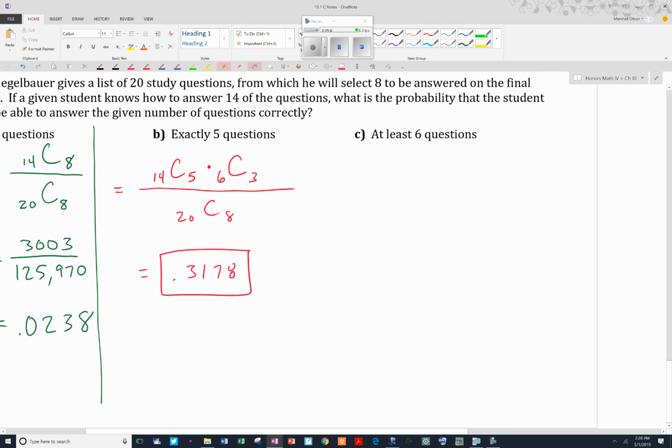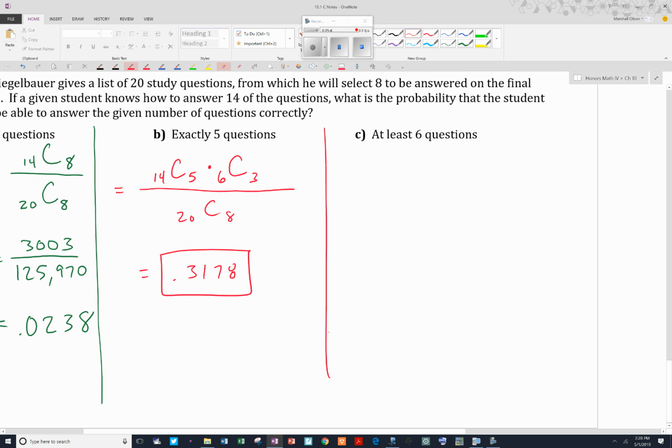All right, at least 6 questions. If you're going to answer at least 6 questions, that means 6, 7, or 8 correct, right? The 6 correct would be kind of like the setup we did before. Out of the 14 that you know, how many ways can we get 6?